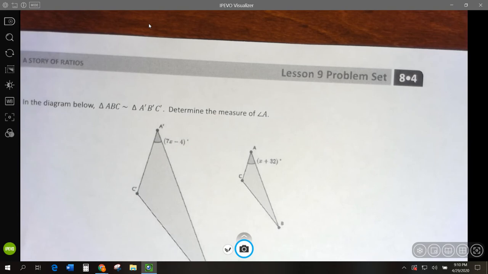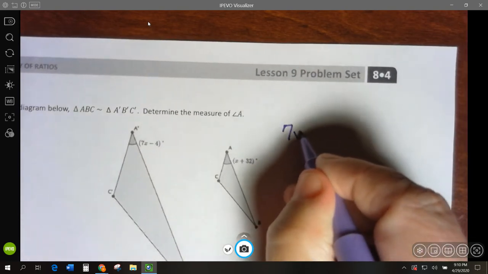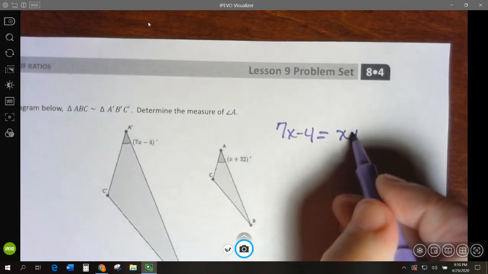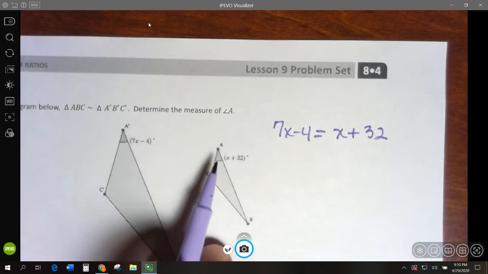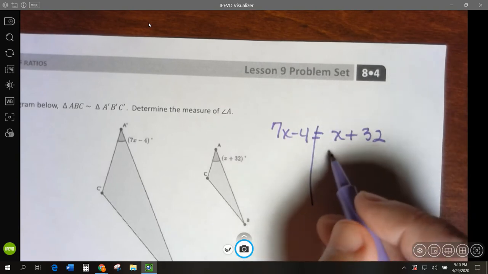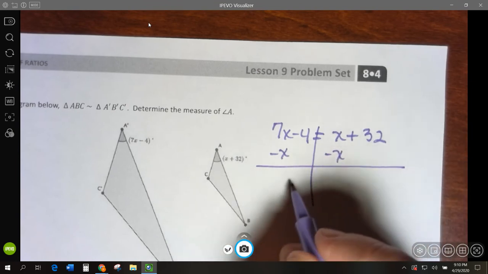So we can say that 7x minus 4 equals x plus 32 because these are equal. Let's solve for x. First, we have to subtract 1x from both sides because that has the smallest coefficient.